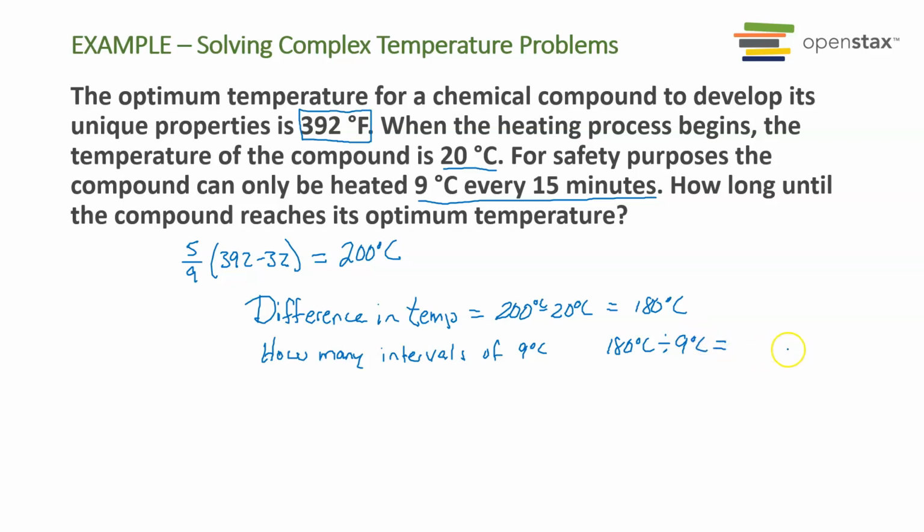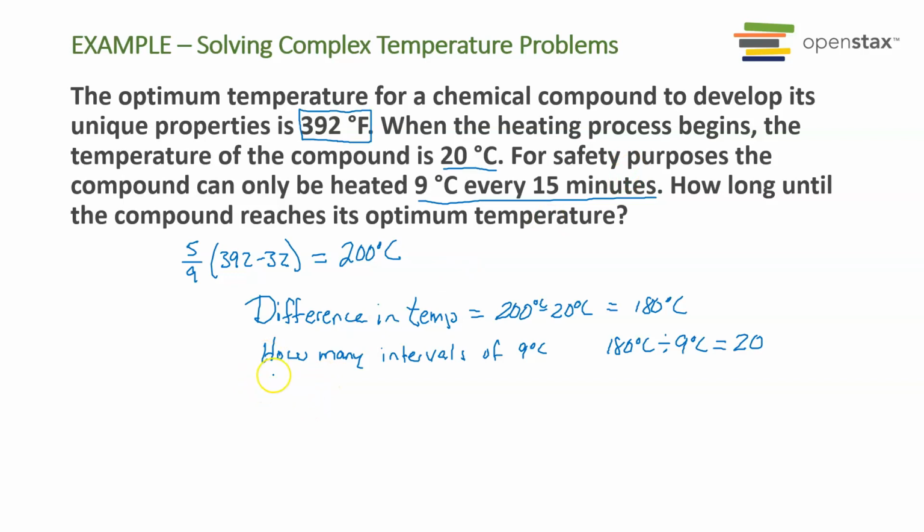And what that's telling us is 20. So this is 20 intervals of 9 degrees Celsius. This 20 means we're going to increase by 9 degrees Celsius 20 times. All right, and that's going to happen every 15 minutes.